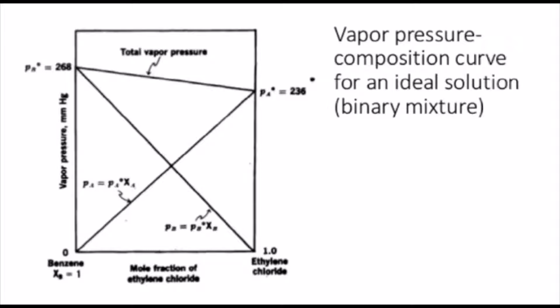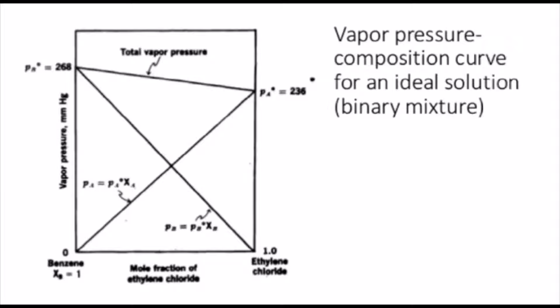Here we can see that the mole fraction of benzene is 1 initially, but as we move from left to right towards ethylene chloride, the mole fraction of benzene tends to 0, while in the case of ethylene chloride the phenomenon is completely vice versa: the mole fraction of ethylene chloride is 1, but as we move from right to left, it decreases.